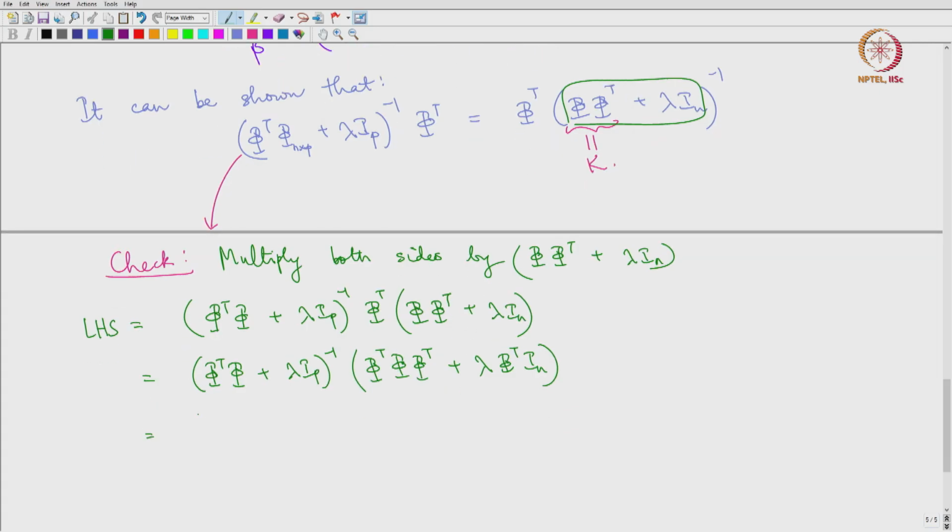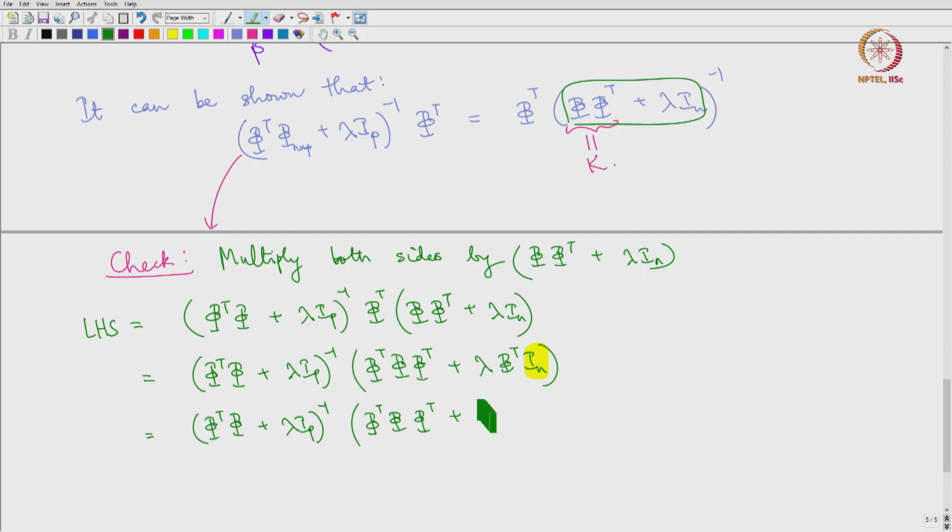Now, this can be further simplified. So, this becomes (phi transpose phi plus lambda I_p) inverse times phi transpose phi phi transpose plus, now if you take a matrix and multiply it by the identity matrix of the appropriate size, then you recover the original matrix.